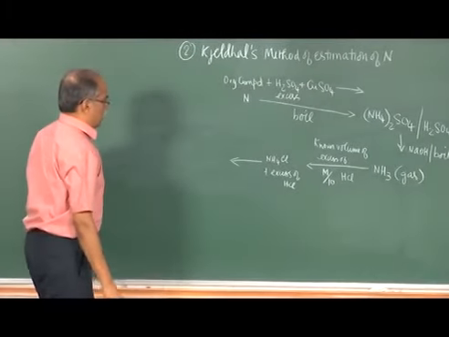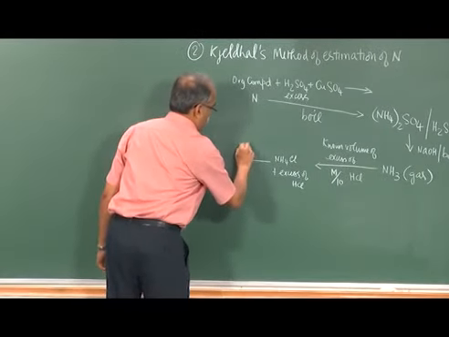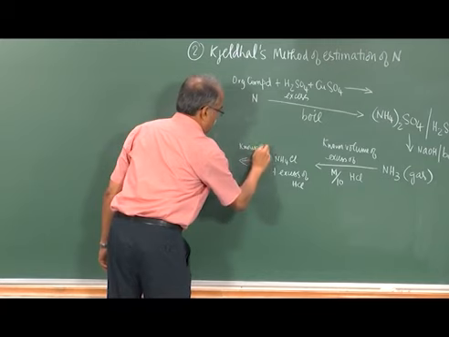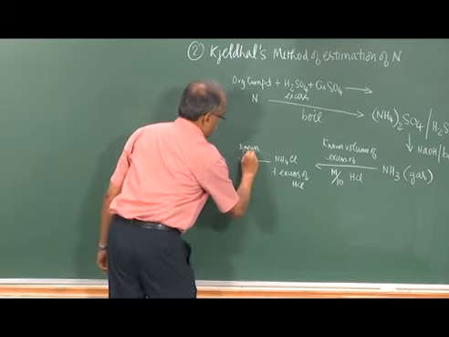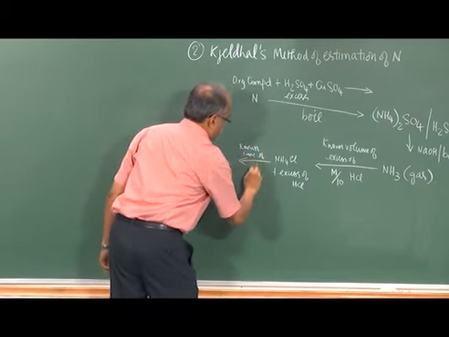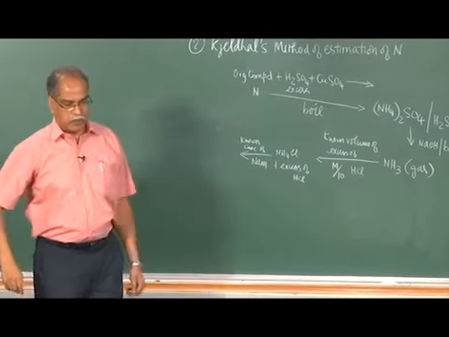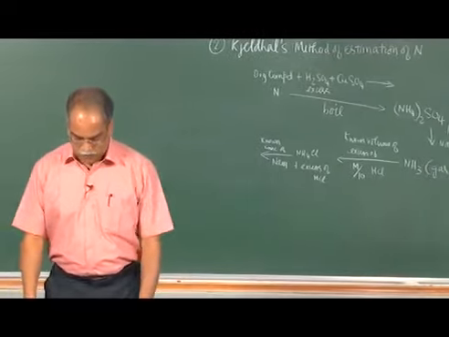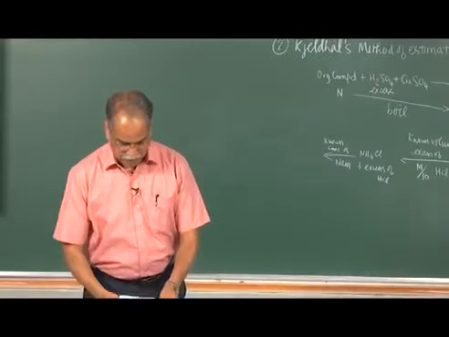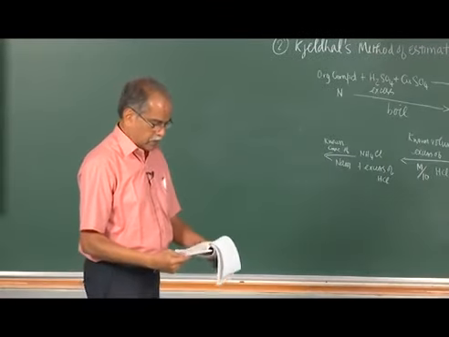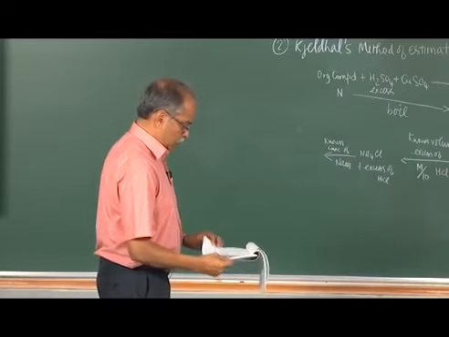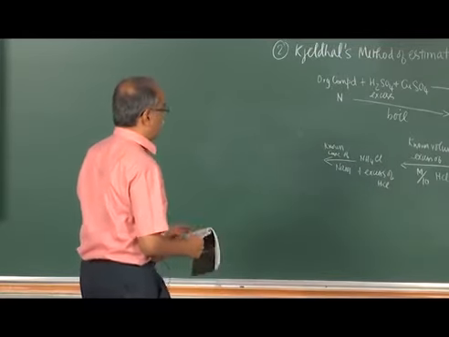This is once again neutralized with a known concentration of sodium hydroxide. So, essentially what you are doing is a back titration methodology in order to estimate the amount of substance that is being converted into ammonia in an organic molecule.